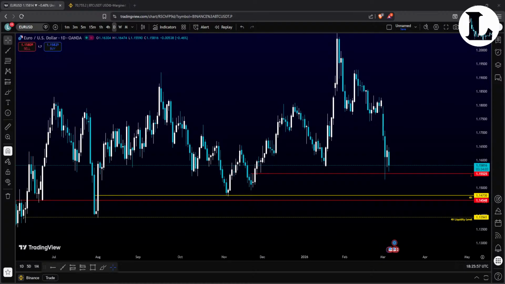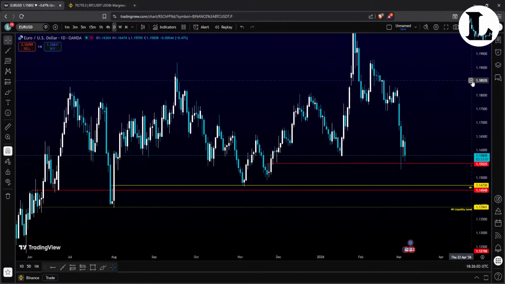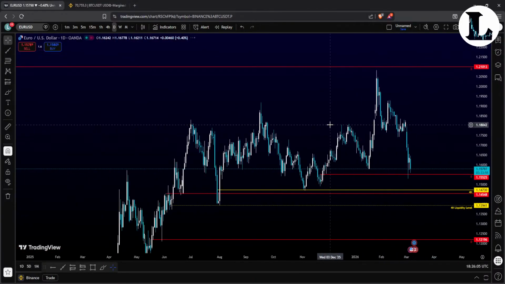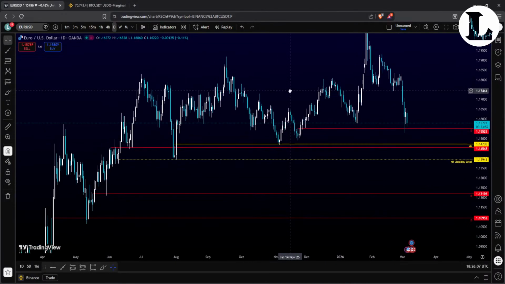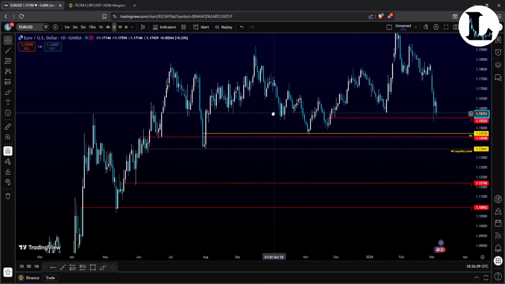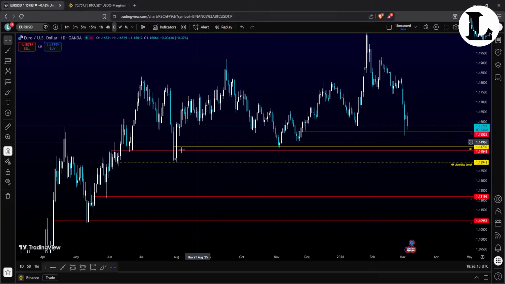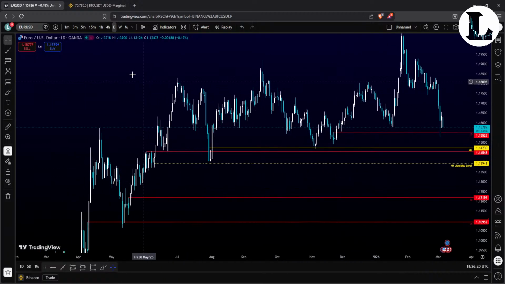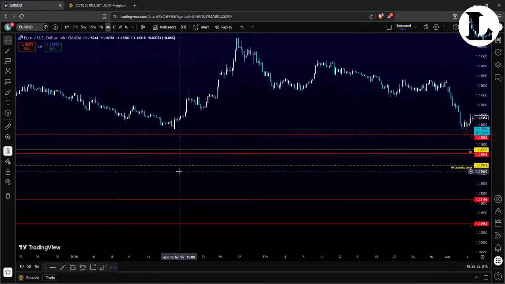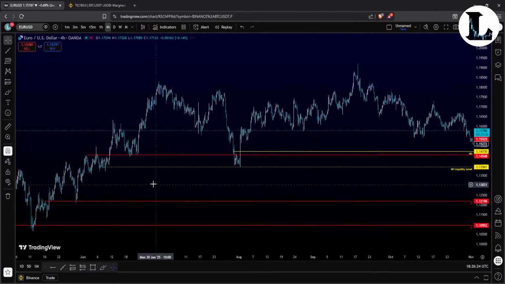Let me just check the stream. Okay, everything all right. So what can happen here on the euro dollar? This is a little more complex chart. It might take some time to understand. So I marked this for our liquidity level. Let me just check that.